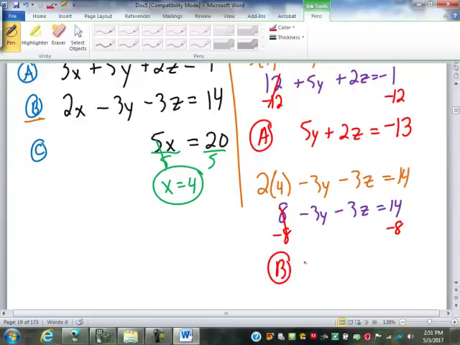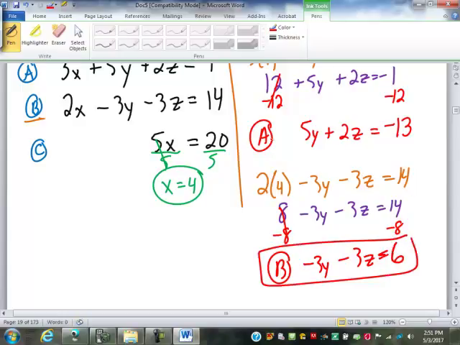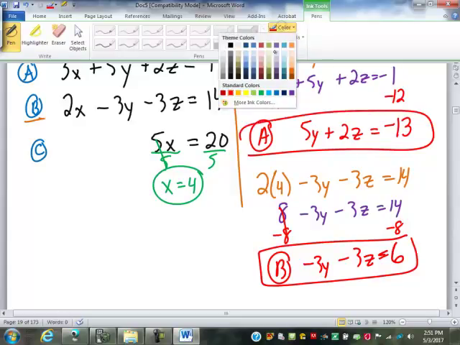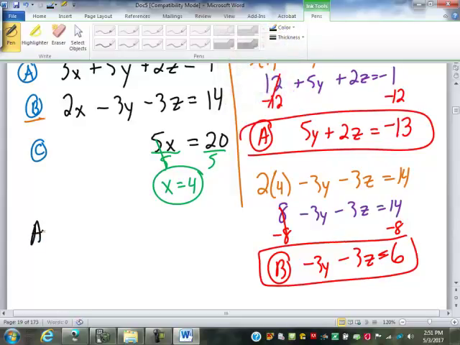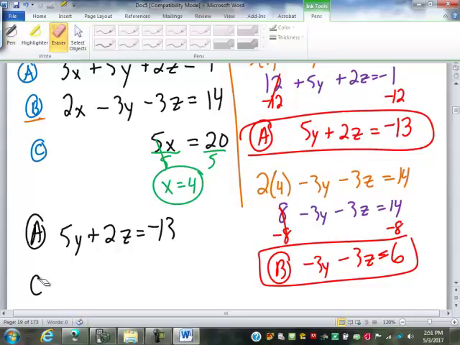So equation B is going to be negative 3y minus 3z, and what is 14 minus 8? 6. So I have these two equations. I'm going to write them back over here. Oops, that's B, not C.